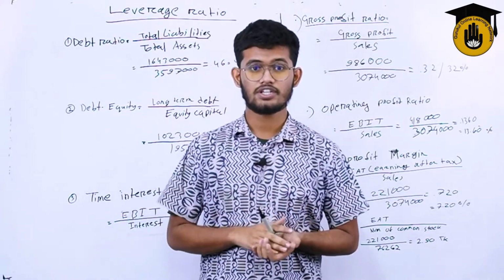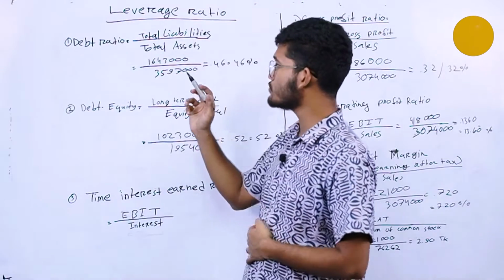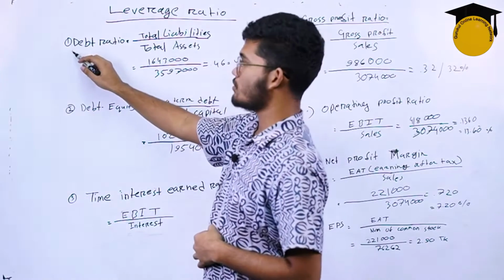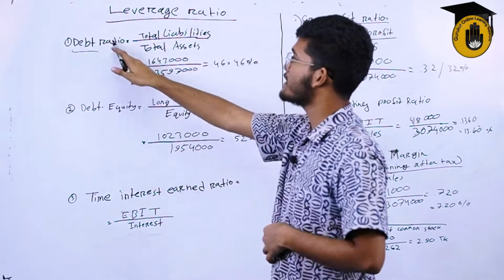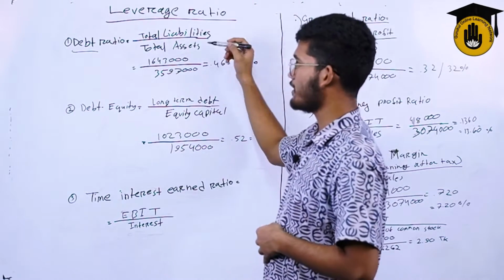What is leverage? So leverage ratios, number one. Within the leverage ratios we can go first to the debt ratio. What is debt? Debt means debenture. The debt ratio formula is total liabilities divided by total assets.